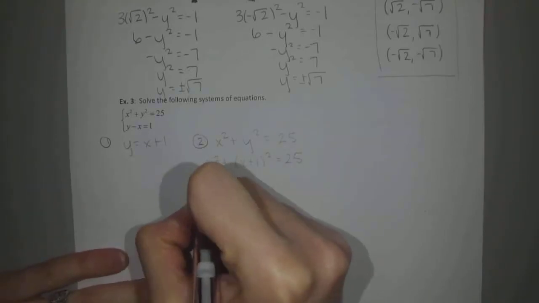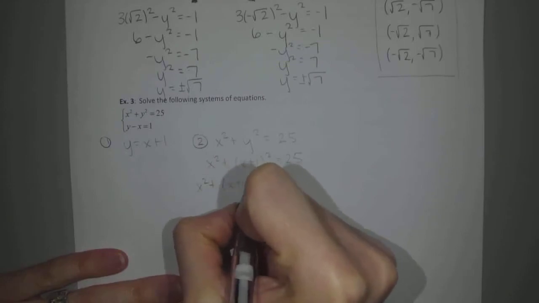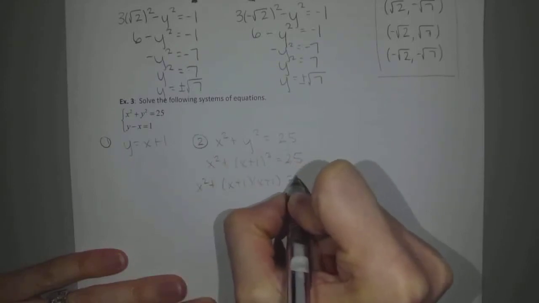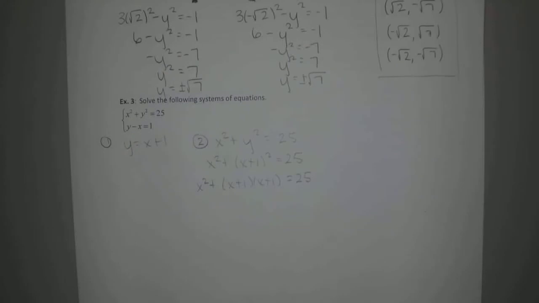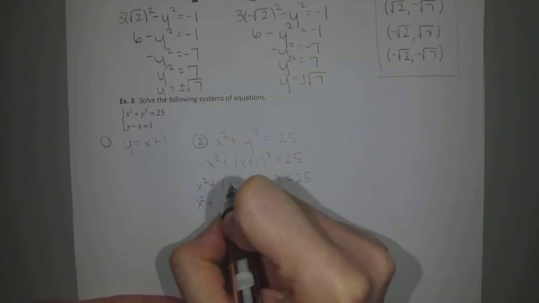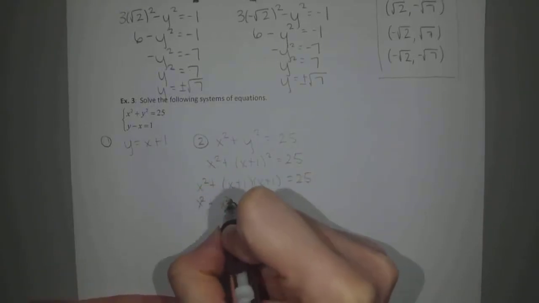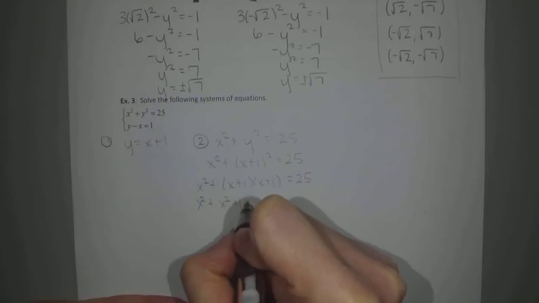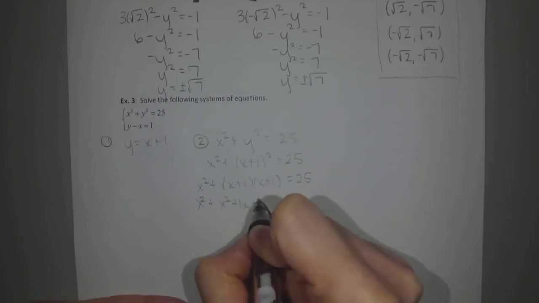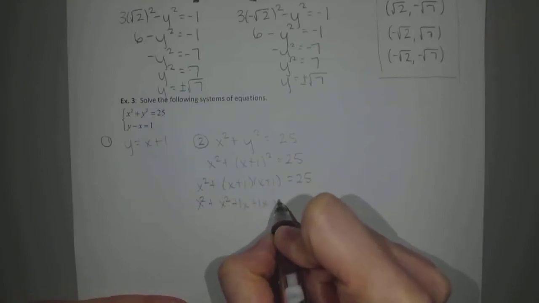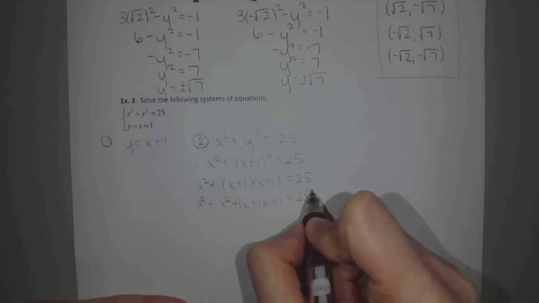So this is x squared plus x plus 1 times x plus 1 equals 25. Let that first x squared hang out as you FOIL and get the rest of the things going on, okay? So x squared will hang out as we do x times x, which is x squared, x times 1, which is a 1x, 1 times x, which is a 1x, and 1 times 1, which is a 1, equals 25.